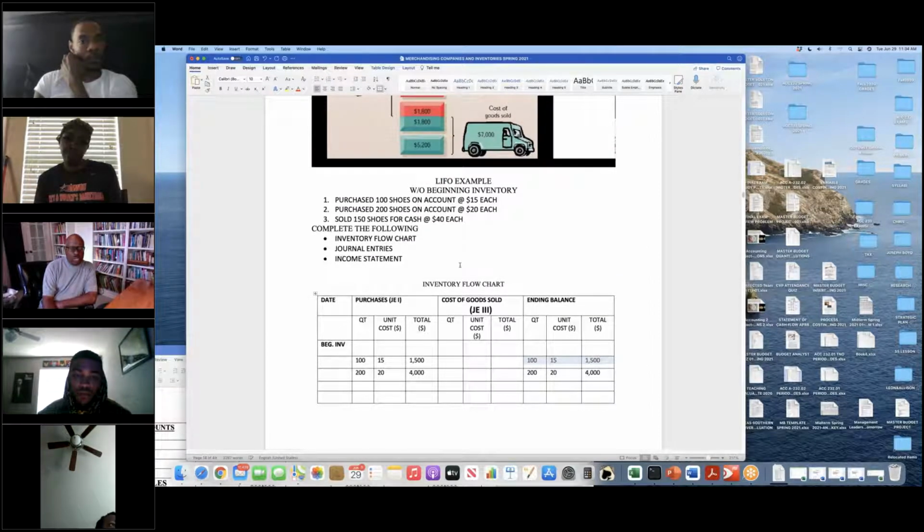When we sell the 150 pairs of shoes, we're going to sell them at the $20 cost.